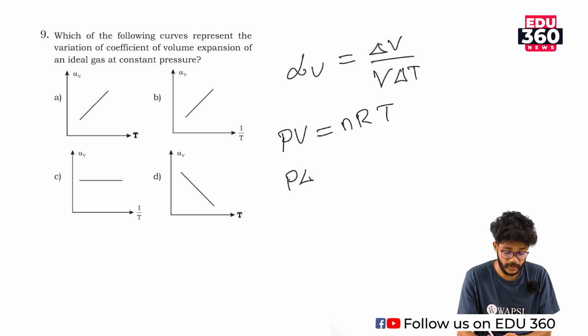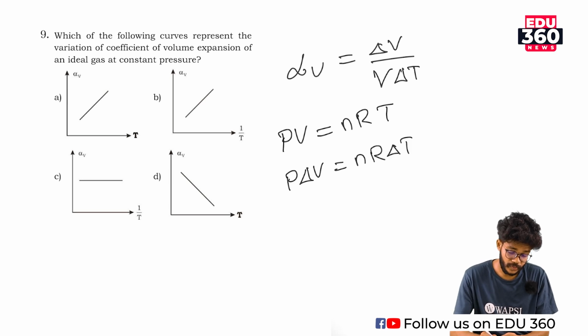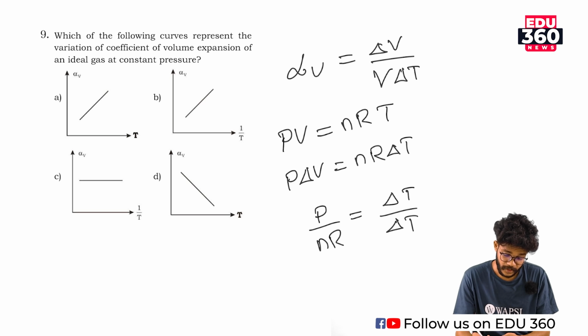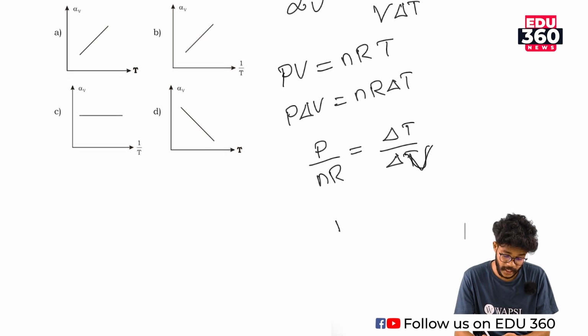So P into delta V is equal to nR delta T. So delta V by delta T is nR by P, and nR by P is equal to V times delta V by delta T.